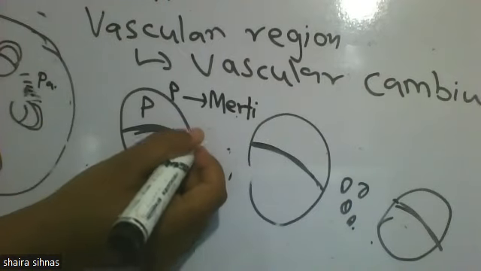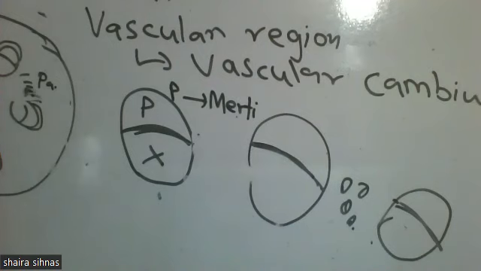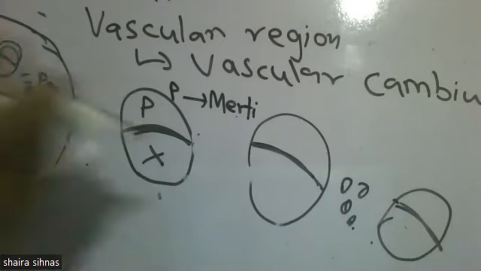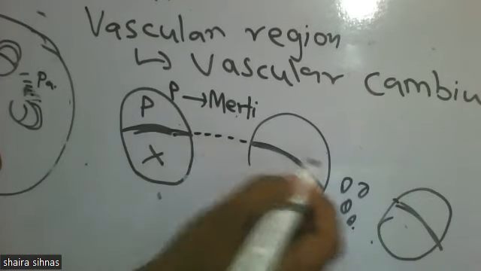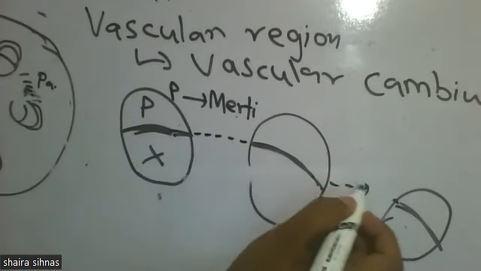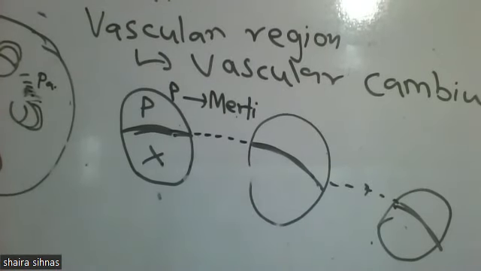So here in between you have the parenchyma. This parenchyma is going to form the meristematic tissue. You call this de-differentiation. That step you call de-differentiation. Right, now what happens? Due to that, it is going to form a ring like this, surrounding, it is going to form a ring like this.